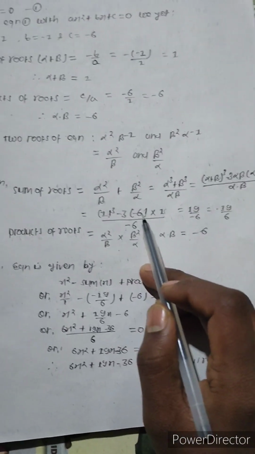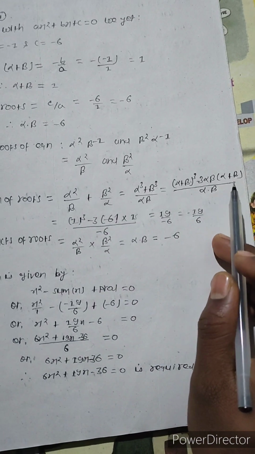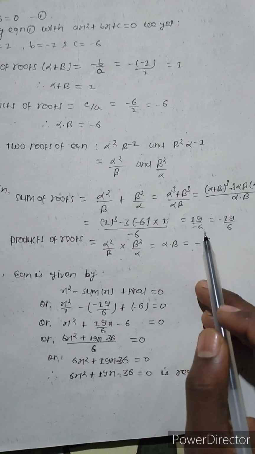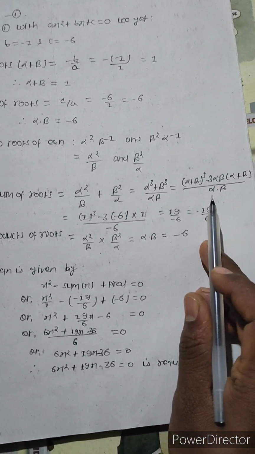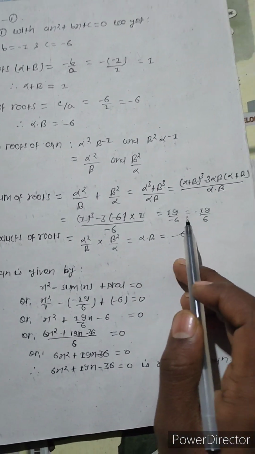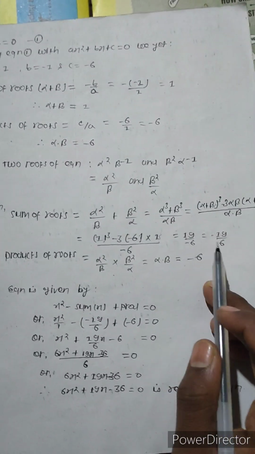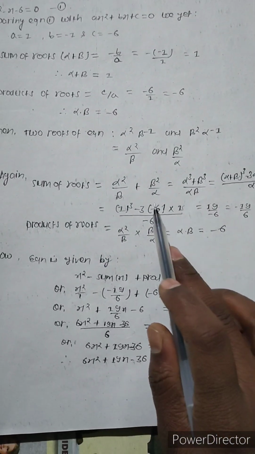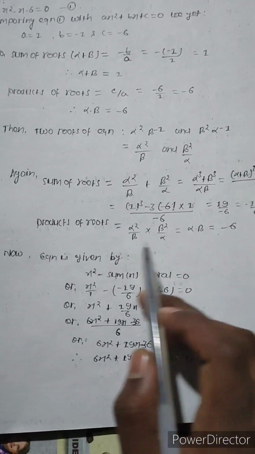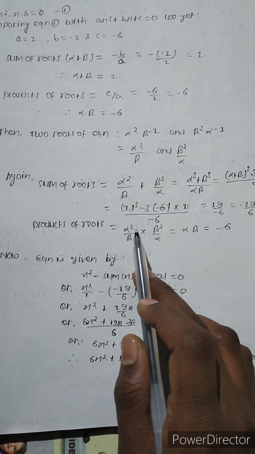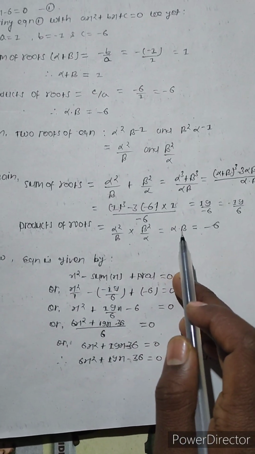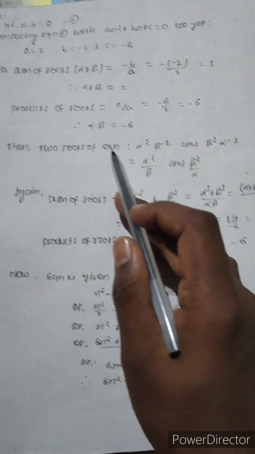If we add and subtract, we get 19 by minus 6. So the sum of the roots is equal to minus 19 by 6. The product of the roots, by multiplication, gives alpha into beta, which is equal to minus 6.